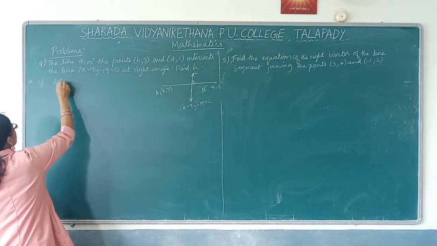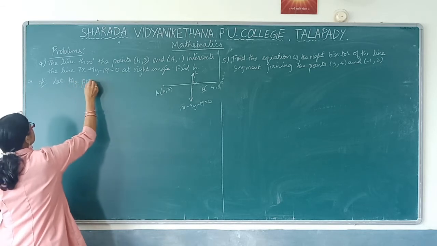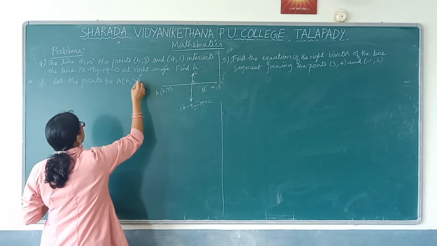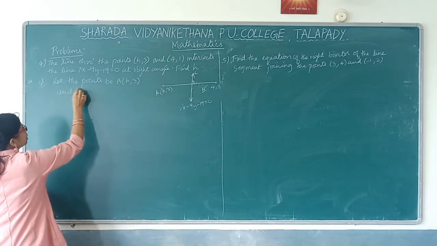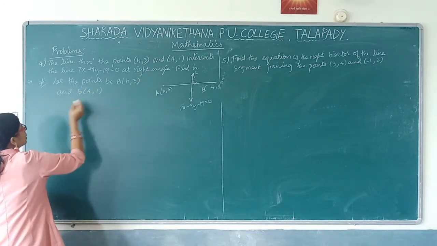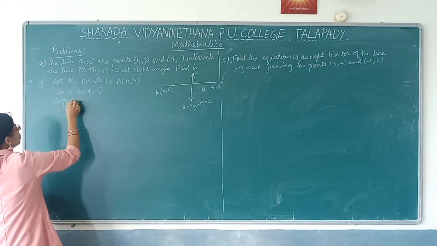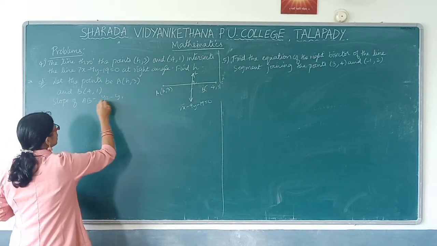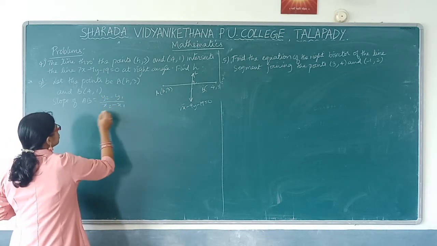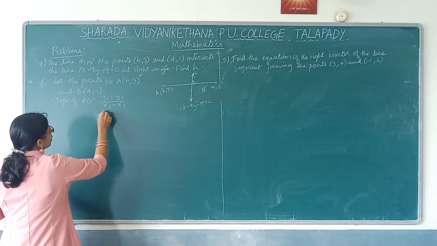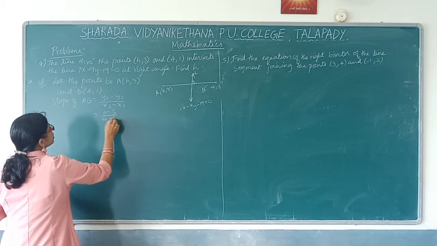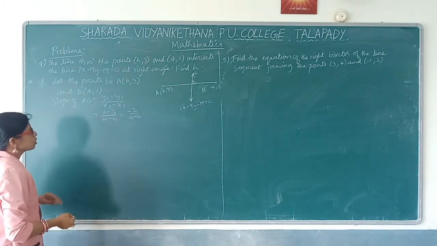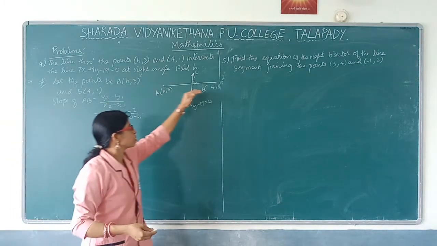Let the points be A of h, 3 and the other point be B of 4, 1. So slope of AB is equal to y2 minus y1 by x2 minus x1. So that is 1 minus 3 by 4 minus h, which is minus 2 by 4 minus h. This is the slope of AB.